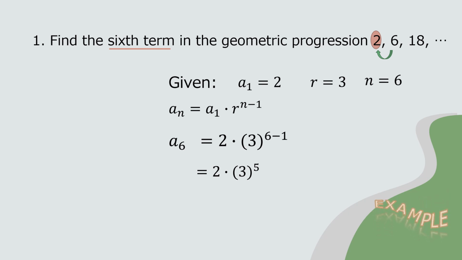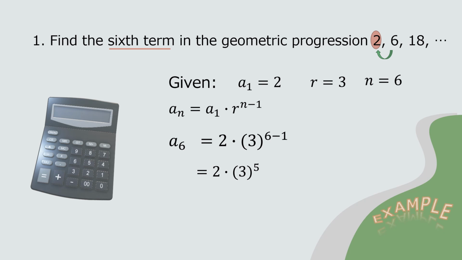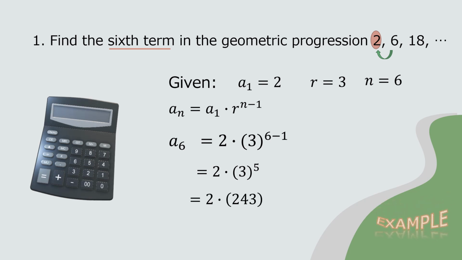So, calculate the common ratio raised to the power of n minus 1. So, 2 times 3 raised to 5. So, using a calculator, 3 raised to 5 is equal to 243 times 2. So, the answer is a sub 6 is equal to 486.